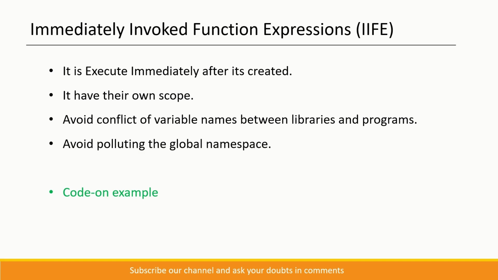To avoid conflicts of variable names between libraries and programs. If we are using any third-party library and import it into our program, and we try to use the same variable name in our program, it will cause a conflict. To avoid those kinds of scenarios, we need to use this feature, the immediately invoked function.